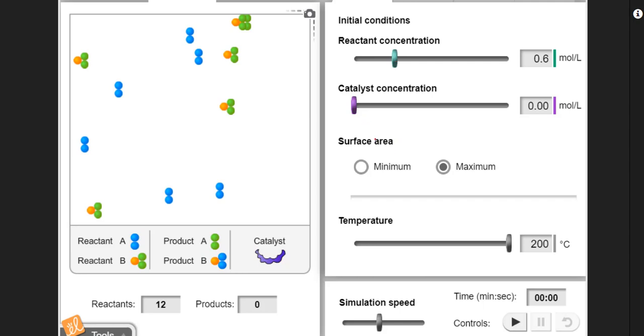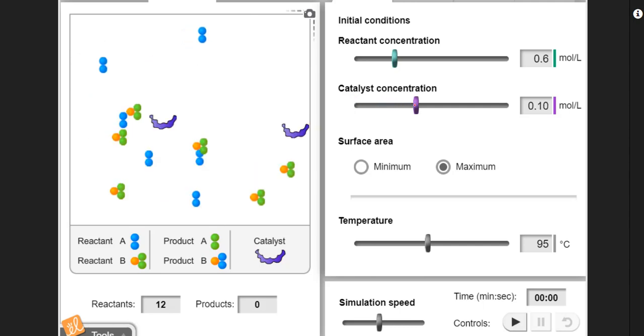So now I'm going to keep the concentration roughly the same. I'll lower the temperature to around what it was before. And I'm going to add in a catalyst. So we talked about how you need the proper collision geometry, the proper orientation for a reaction to occur.